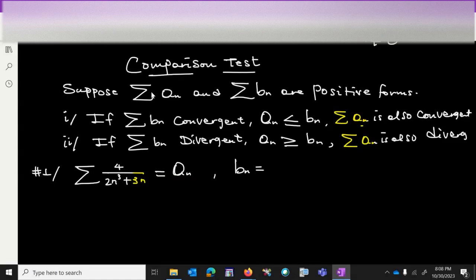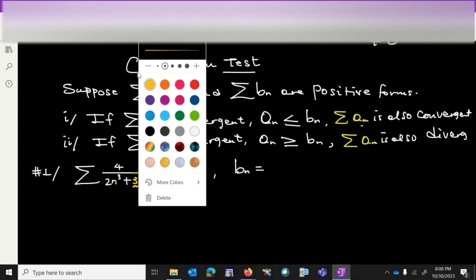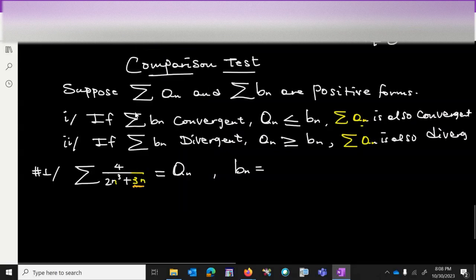Or simply, you can omit the 3n, because that's not the main factor. So b sub n is going to be 4 over 2n cubed, basically without 3n.